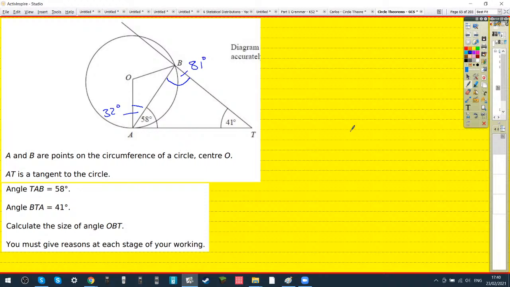We want the size of angle OBT, right? Aha. Yep. Any idea about this angle here at the other side of B? 90 degrees? Nope. See, this isn't a tangent, so it's not 90. Easy mistake. It's the mistake I made.